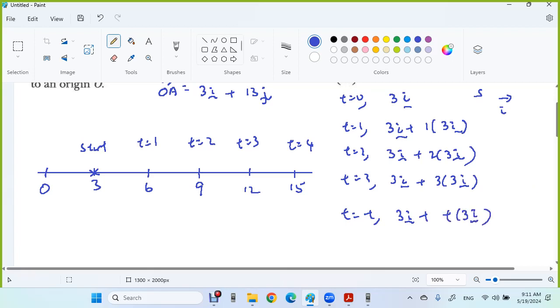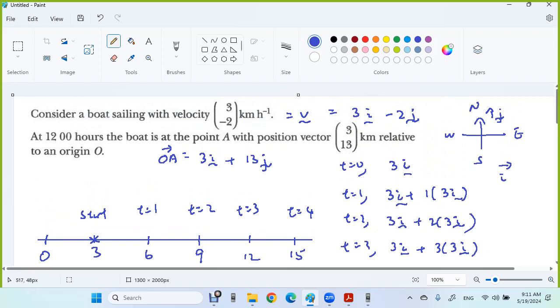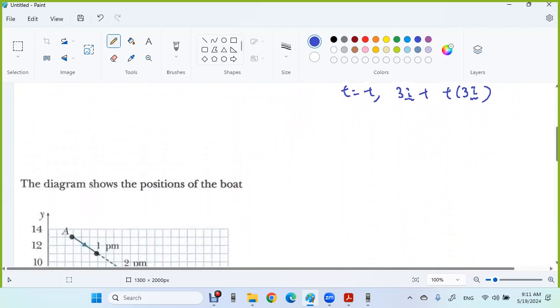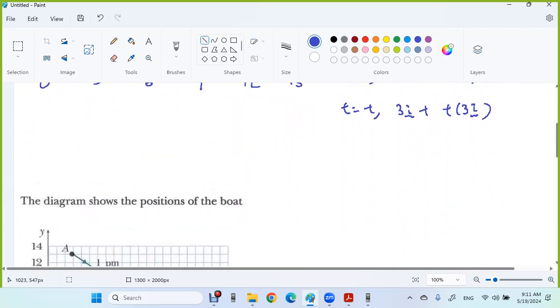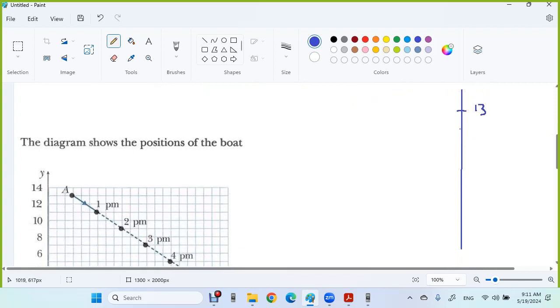This is the x position. Then the y position starts at 13 and then minus 2. Imagine the y position starts at 13, and then minus 2, then 11, 9, 7, 5, and so on.